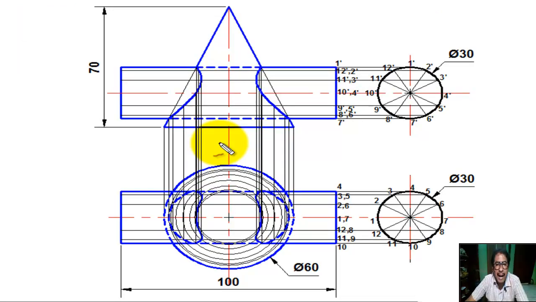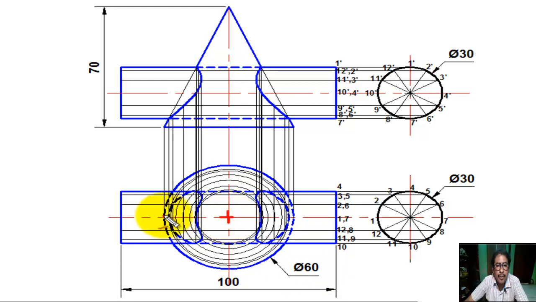Okay, first we draw the front view and top view of the vertical cone. First draw the top view: draw a circle of 60 mm diameter with this center.